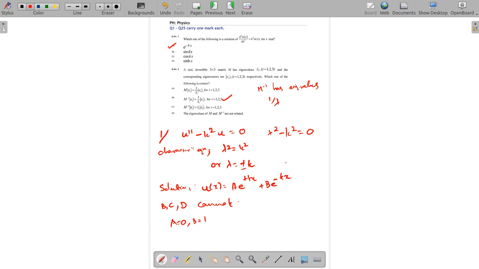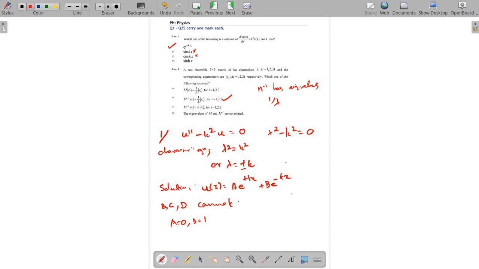Options B and C are like e to the power i kx and e to the power minus i kx kind of functions. So k is real here, which is given, so B and C are not possible. What about option D? It's sinh x. There is no k here.